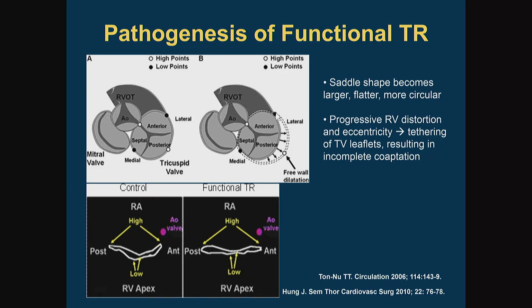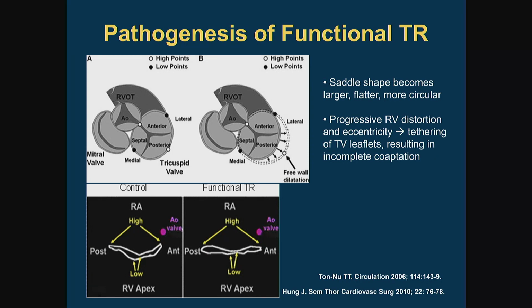As this happens, enlargement of the right ventricle causes progressive distortion of the annulus. And because the septal leaflet is tethered while the other leaflets are not, there's resultant incomplete coaptation of the valve and resultant significant tricuspid valve regurgitation.